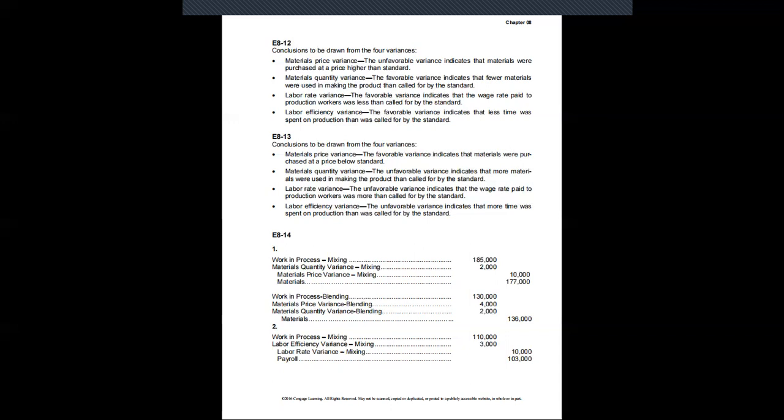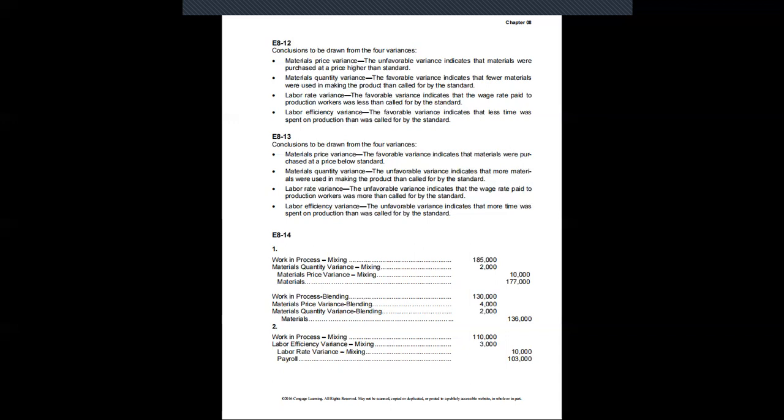Now, for entry number 2, we debit work in process mixing for the standard cost of direct labor for actual production. Then we debit labor efficiency variance in the mixing for the amount of 3,000, and credit labor rate variance in the mixing for 10,000.